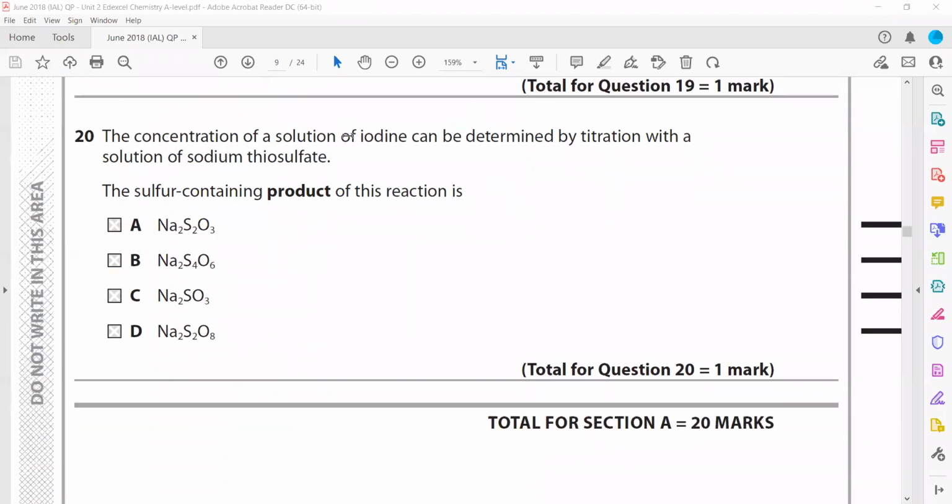In the last question, the concentration of a solution of iodine can be determined by titration with a solution of sodium thiosulfate. What is the sulfur containing product of this reaction? When iodine, I2, reacts with 2 S2O3 2- ions, it produces 2 iodide ions and S4O6 with a charge of 2 minus.